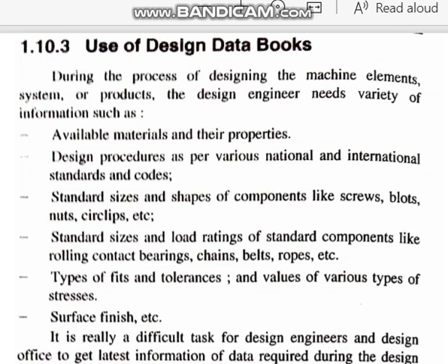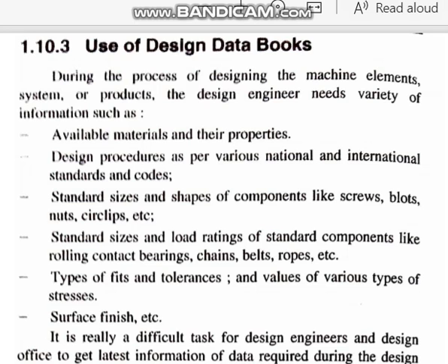You see, a machine designer, when he is designing machine elements or systems or any machine products, needs a variety of information. This information is about the materials and their properties, the design procedure as per various national and international standards and codes, and the standard sizes available.